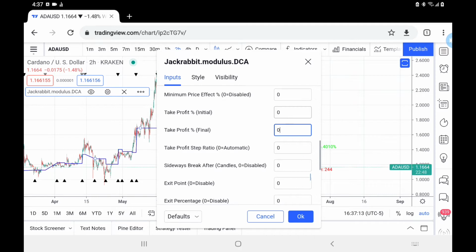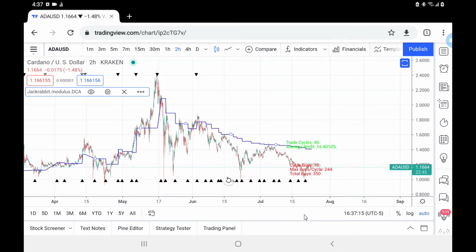And this gives the DCA module the ultimate organic dollar cost averaging mechanism. Anything below the average is a purchase.